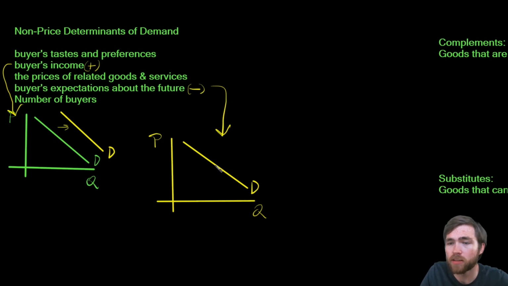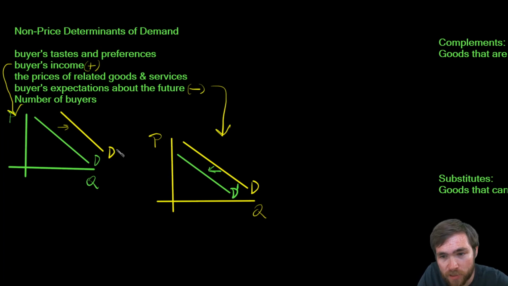And if people are willing to purchase fewer goods in general as a result of these negative expectations about the future, then we would expect demand to contract as a result. Just like with supply, the D prime here represents the shifted curve after things changed. Think about for a moment how number of buyers would affect this diagram as well, just to try that as an exercise.